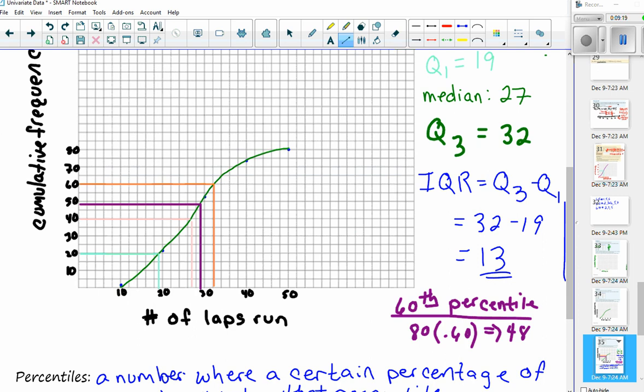So therefore, if I was in the 60th percentile, I ran approximately 29 laps, because I think that's 30. Okay. So that takes us with cumulative frequency, and then again, combining it together with what we've been doing.